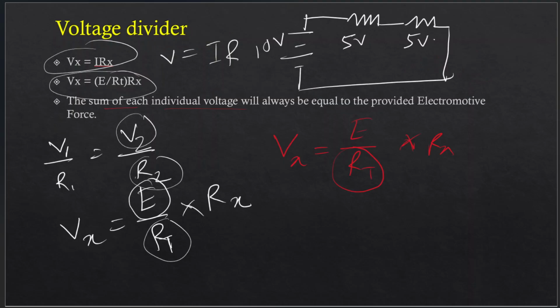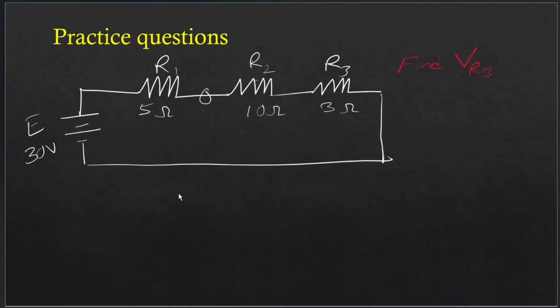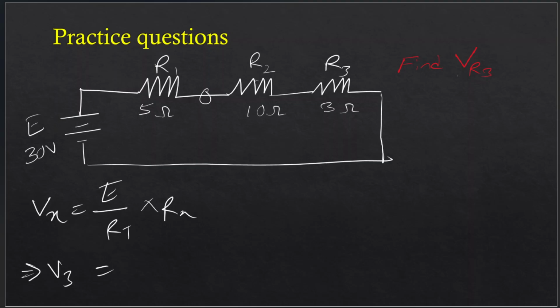From the voltage divider rule, remember this rule, Vx equal to E over RT times Rx. Let's just write that here. Now what is X here? X is 3. So we will rewrite it as V3 is equal to E, which is the total, so 30 volts, over RT.